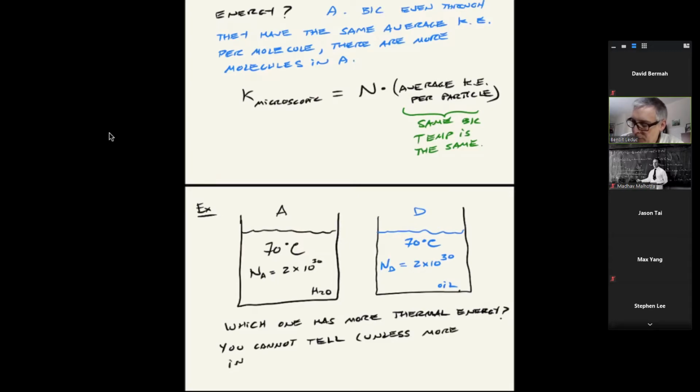More information is given regarding the microscopic potential energy of each.